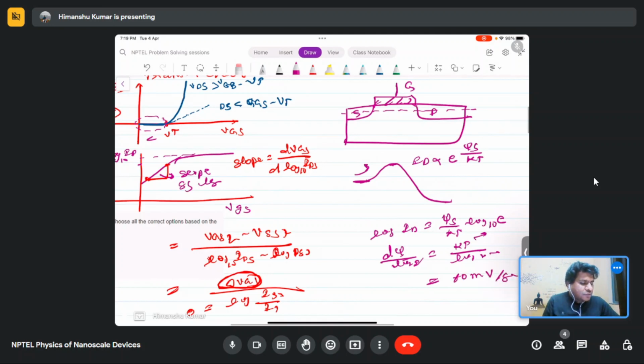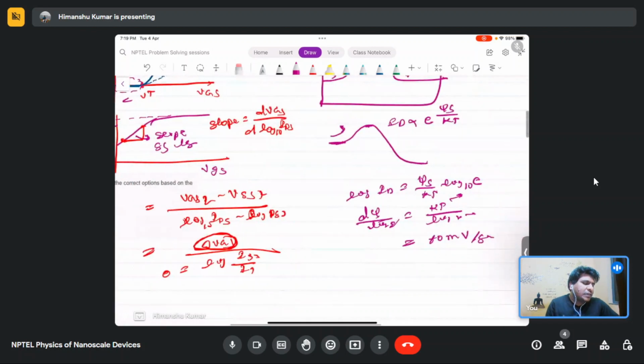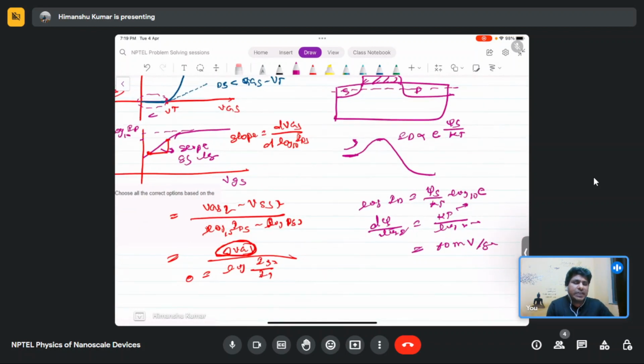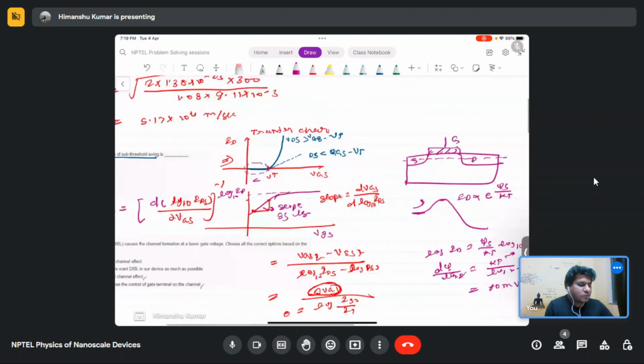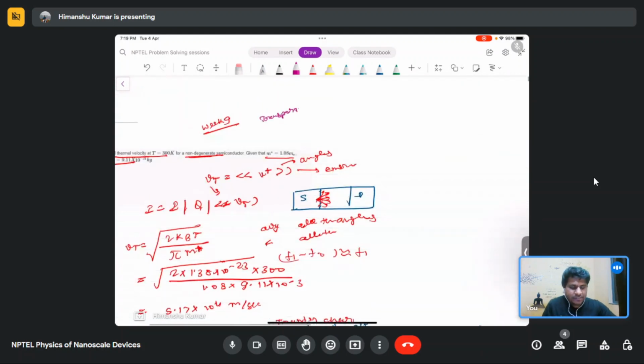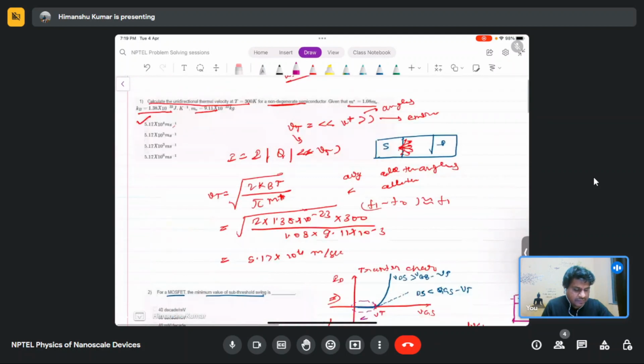So to change the current by 1 decade, we need 60 millivolt at the gate to source terminal. This comes from the thermal barrier, and that is the fundamental limit for the MOSFET.